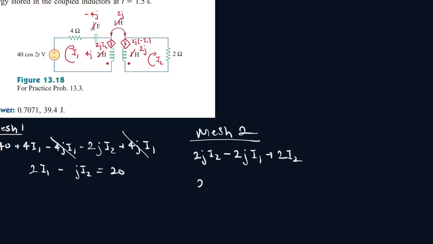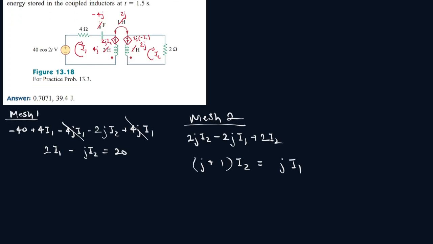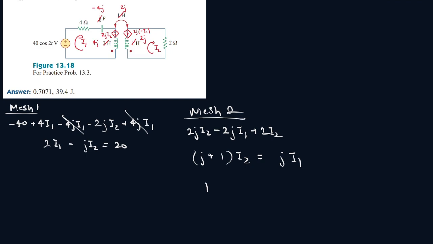So that's 2J plus 2 I2. And let's bring the I1 to the other side. So plus J I1. I'm going to divide everything by 2, and divide everything by j as well. So this becomes 1 minus j I2, and it's equal to I1. I'm going to plug that into here.